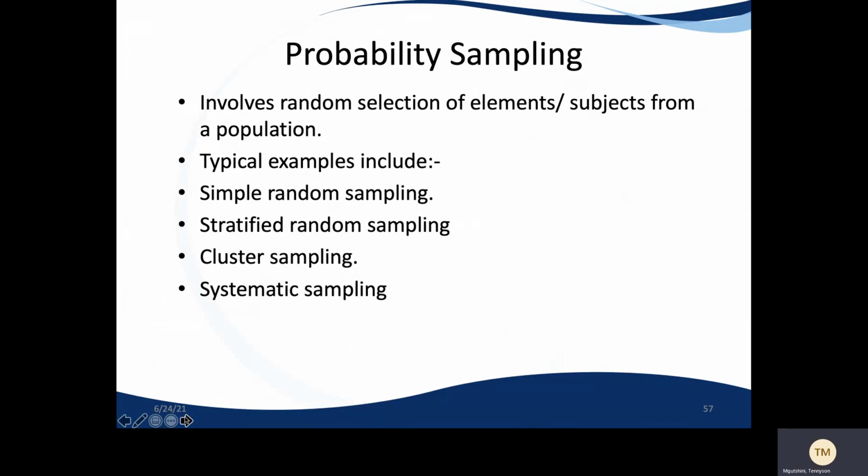Now, in the world of sampling, there are 2 specific typologies, 2 types. People speak about non-probability sampling, and then they also speak about probability sampling. In simple terms, non-probability sampling is sampling that is non-mathematical and does not depend on mathematics or aspirations of getting quantitative representation and so forth.